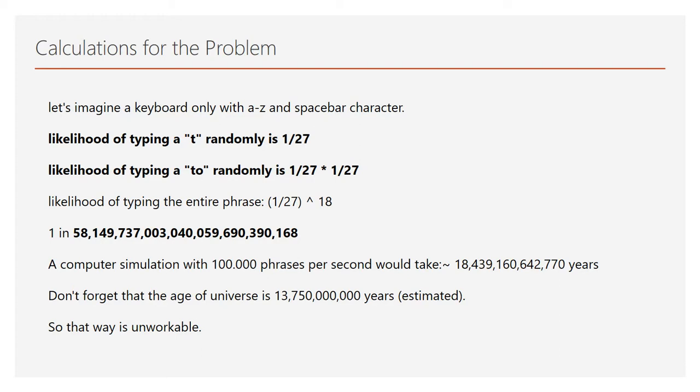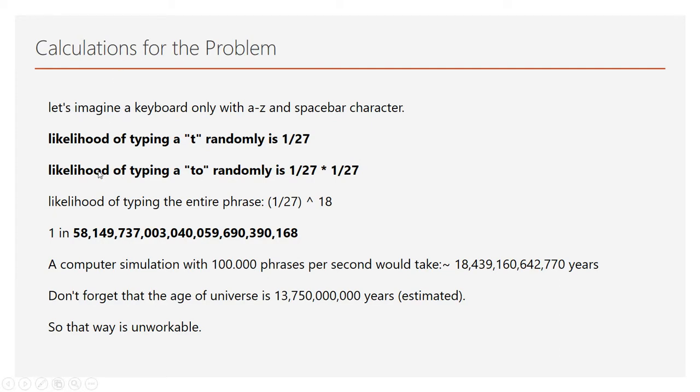If you take only the letter T, the chance is 1 by 27 that if a monkey presses the 27 keys of a keyboard randomly, it will type T. If we are going to write the word "to", then what will happen?